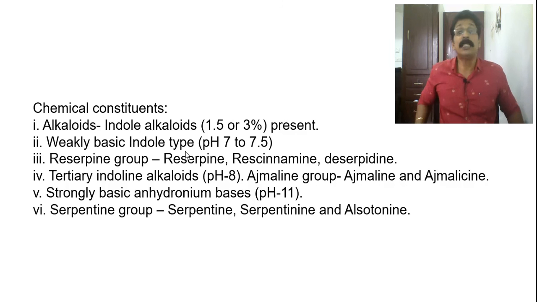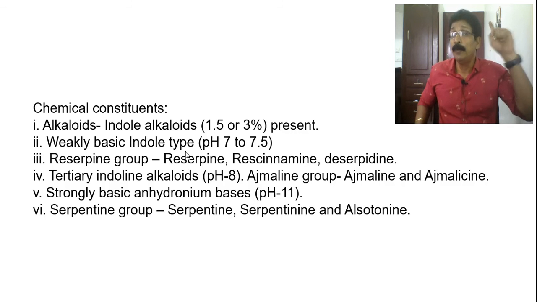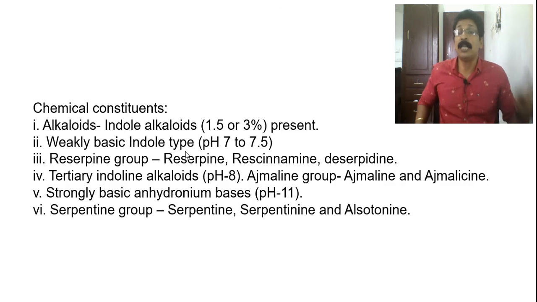So the next one is the chemical constituents. Alkaloids are present here, indole alkaloids. We have seen in Vinca also they are indole alkaloids, and Rauwolfia also has indole alkaloids present at 1.5 to 3%. Weak basic indole type, pH 7 to 7.5.